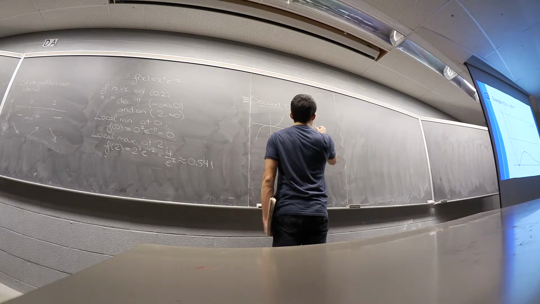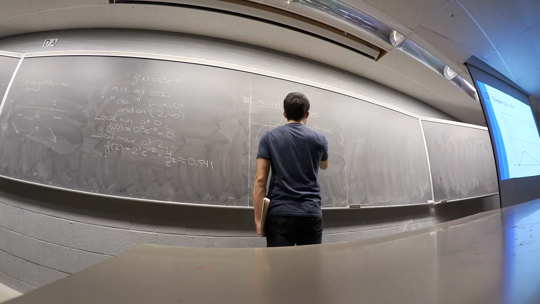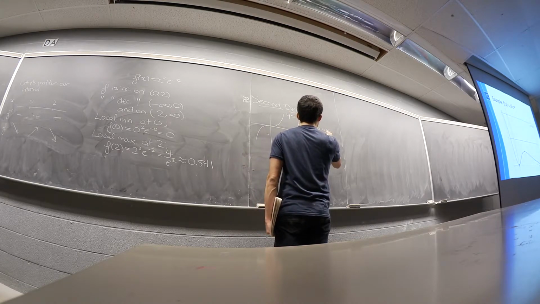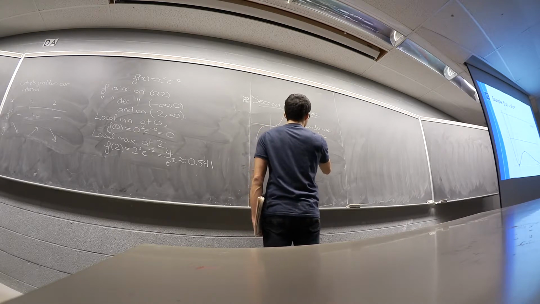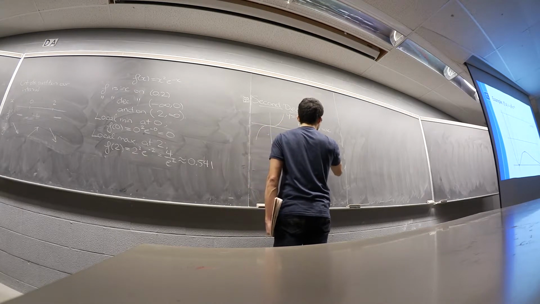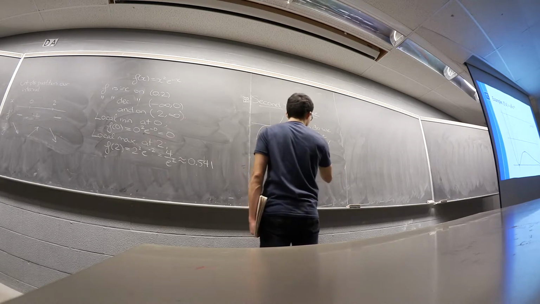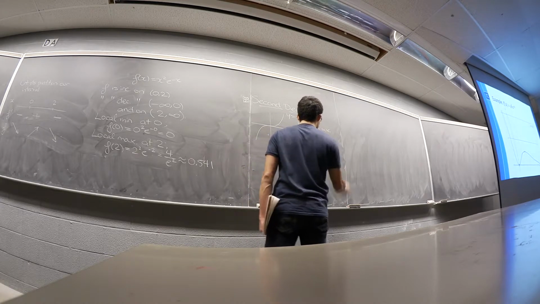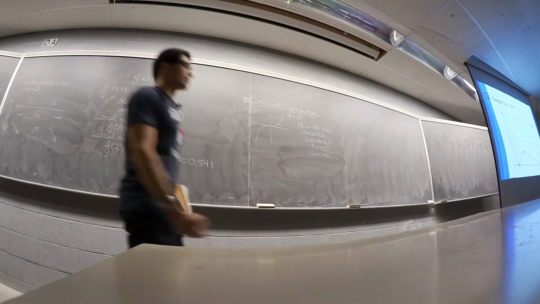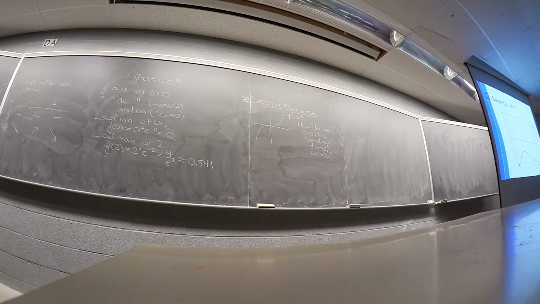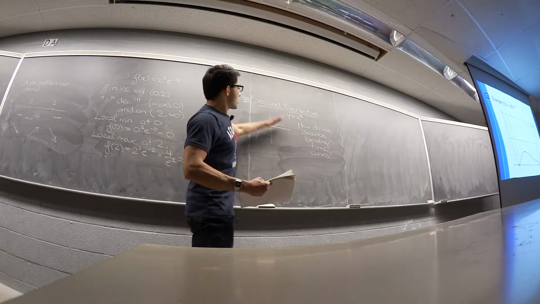So how do we describe how the curve bends or turns, or curves? Loosely speaking, how do we describe that? How do we describe how the rate of change is changing?